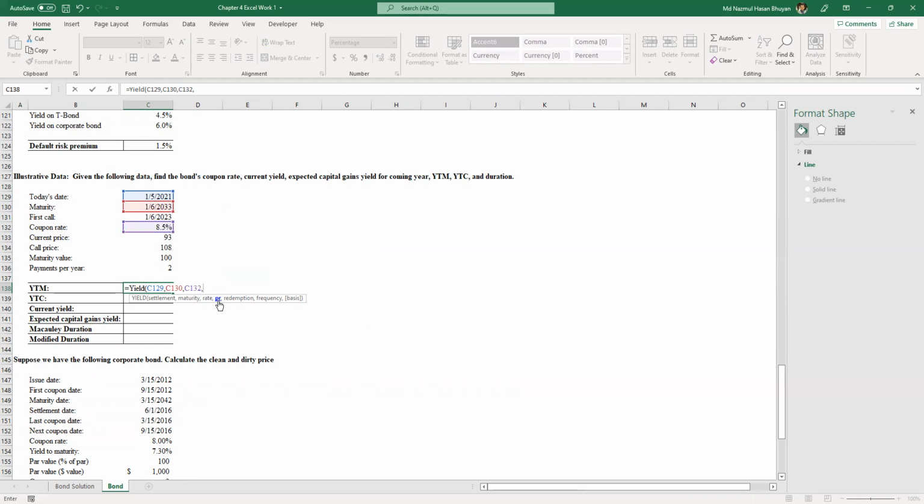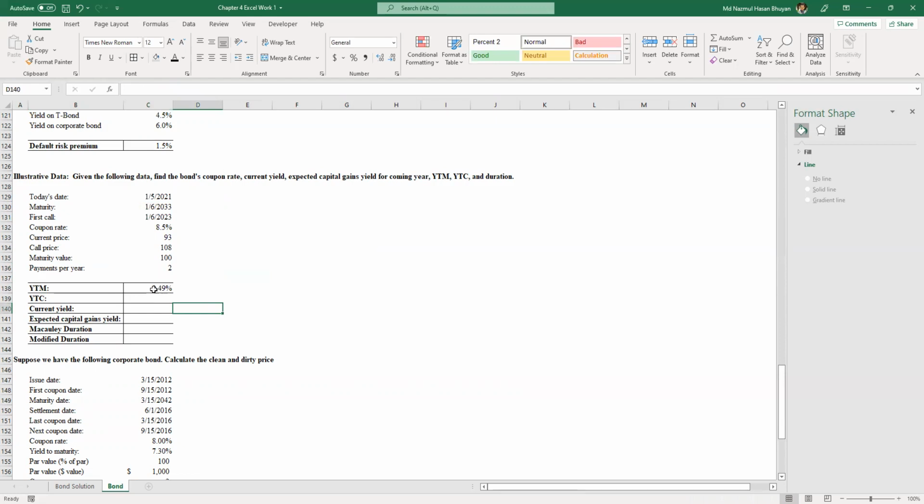PR means price, and here our current price is $93, and then redemption value, that means the face value we are going to get back. And again, within this formula, the price value you are going to use should always be as a percentage of the par value. And then next one is frequency, so it is 2. So here YTM is 9.49%.